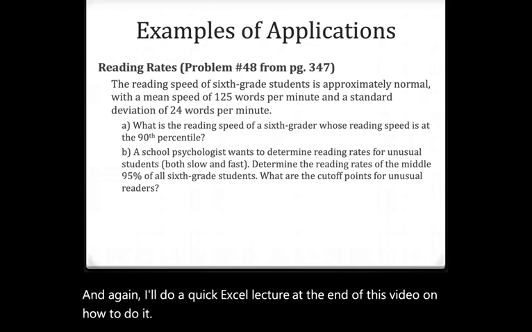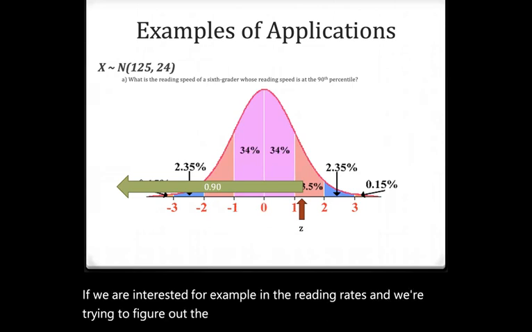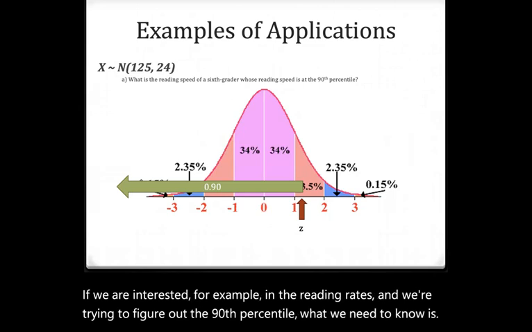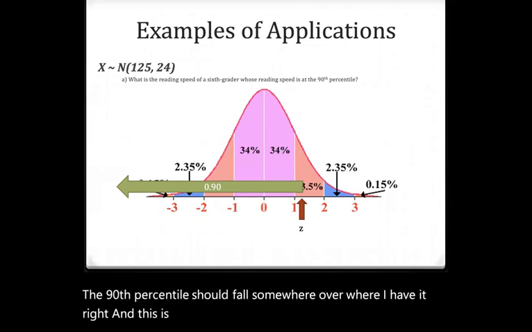Let's get started. If we are interested in the reading rates and we're trying to figure out the 90th percentile, what we need to know is that the 90th percentile should fall somewhere over where I have it, based on the empirical rule.